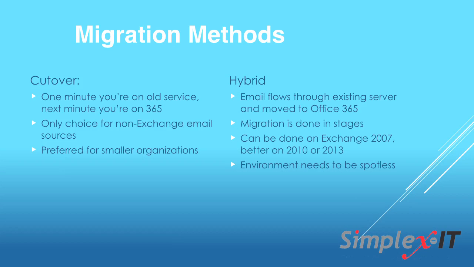To start right out of the gate, the hybrid method simply allows you to move them gradually. So let's say you have 50 users, we'll move 5 users up to 365 today, tomorrow we'll move 5 more, the next day, and so on and so forth until we've moved everybody. So that your email is actually being provided and maintained by both your local box and the cloud 365.